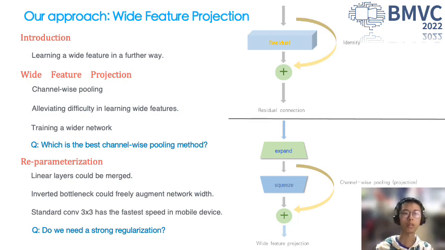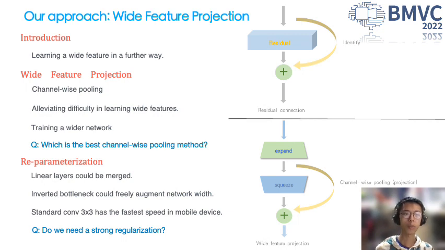As for the best channel-wise pooling method, according to our extensive experiments, we found that a normal kernel size 1 convolution could better express this function.